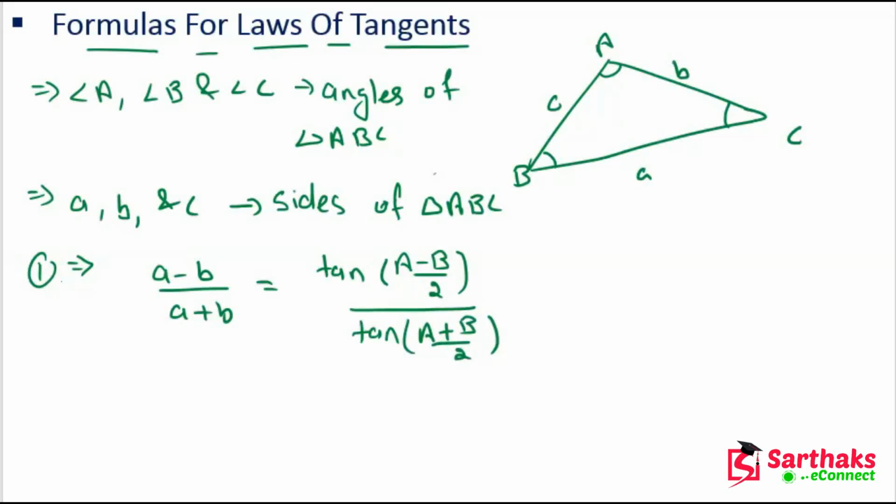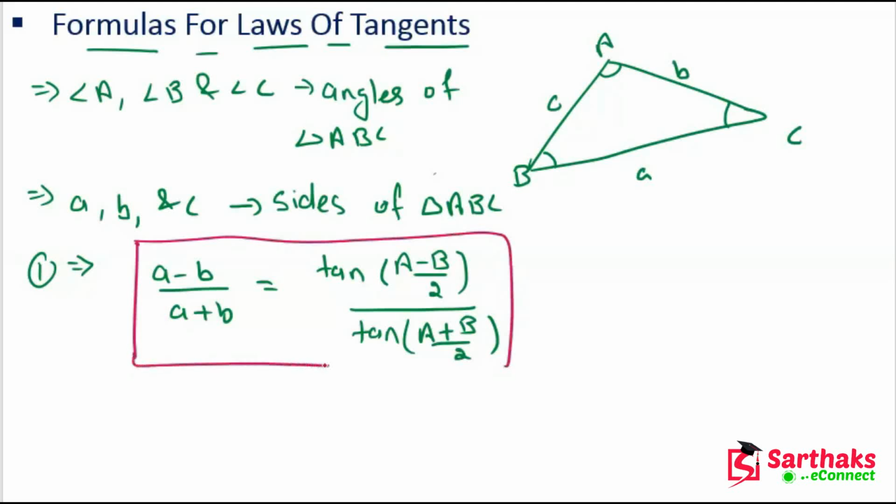This is the first law of tangent: (a minus b) upon (a plus b) equals tan((A minus B)/2) over tan((A plus B)/2). This is the first formula.